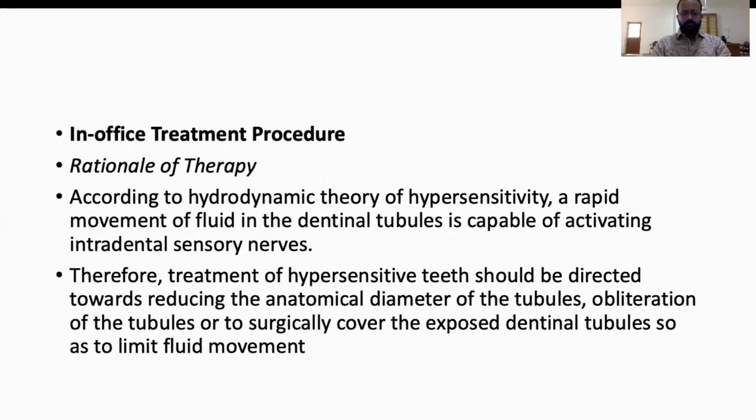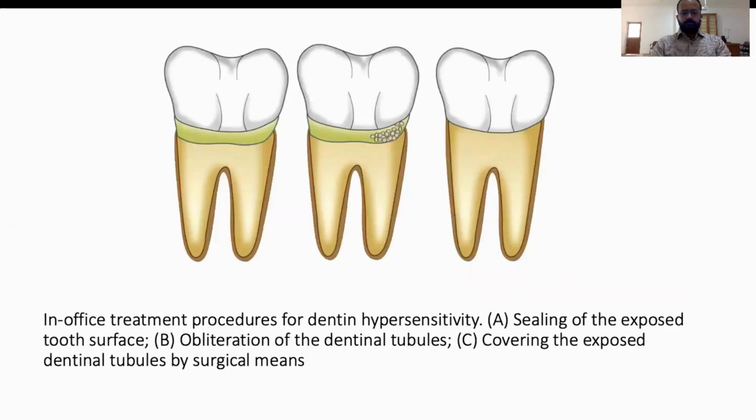Therefore, treatment of a hypersensitive tooth should be directed towards reducing the anatomical diameter of the tubules, obliteration of the tubules, or surgically covering the exposed dentinal tubules so as to limit the fluid movement. So the three rationales for in-office treatment are healing of exposed dentine or tooth surface, obliteration of the dentinal tubules, and covering the exposed dentine by surgical methods.